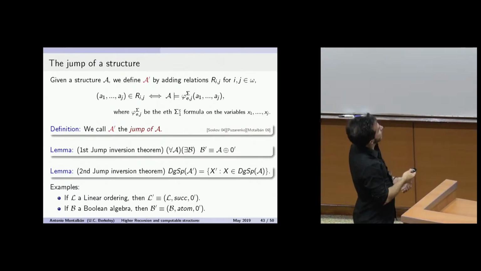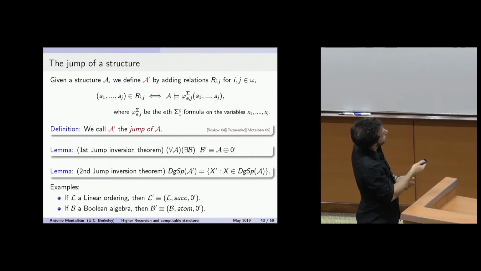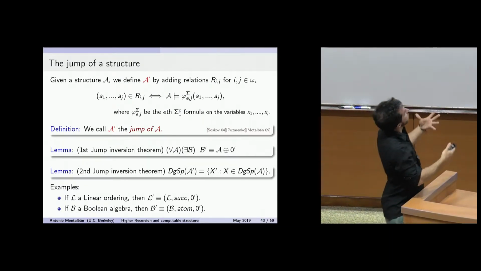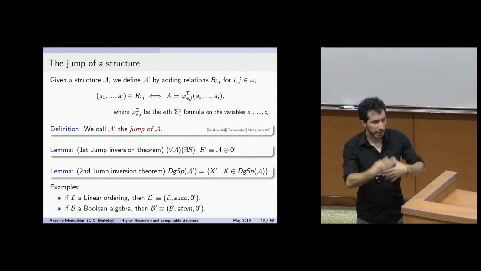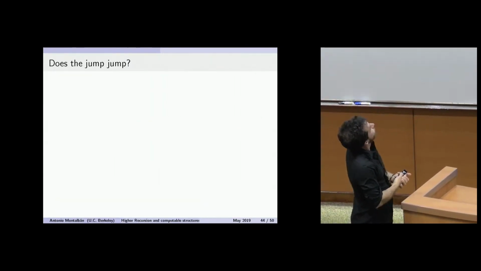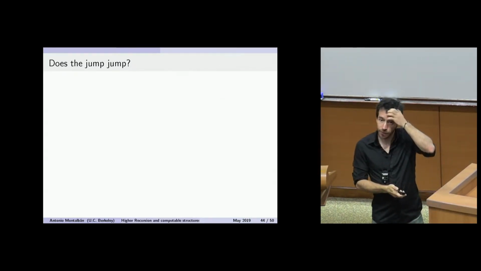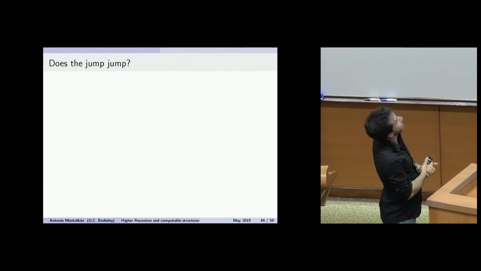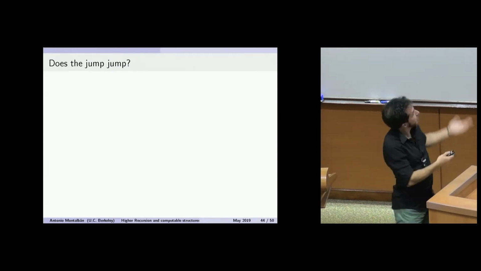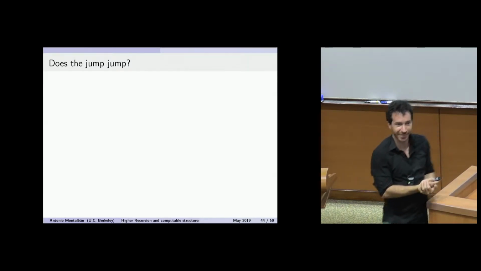Okay, so after those definitions, I guess they continued being studied for quite a while, and as I said, some results in computable structures become nicer if you use this vocabulary. One of the questions that came up later and took a while to answer was, does the jump actually jump? Because we just defined the jump.